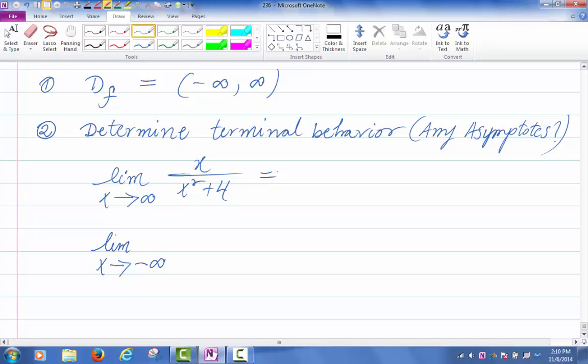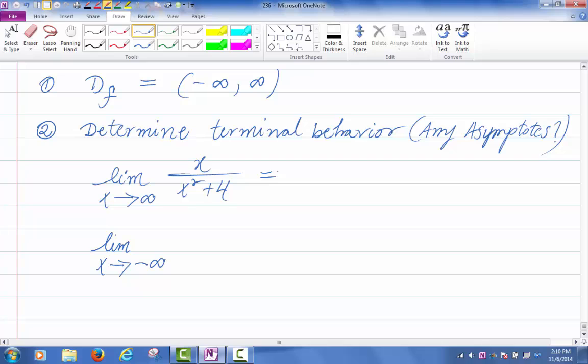When you are interested in the behavior of the rational function when x is big, only the dominant terms matter. So the dominant terms are x over x squared. X over x squared is 1 over x. And the limit of 1 over x as x goes to infinity is 0, right? The denominator is going to infinity, the numerator is 1. You're dividing by bigger and bigger numbers. The limit will be 0.